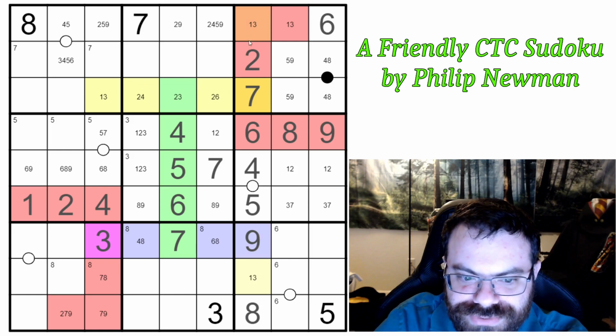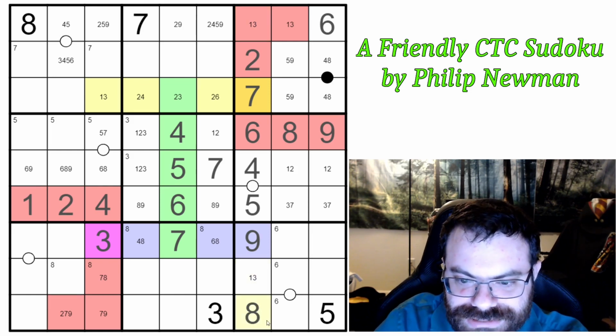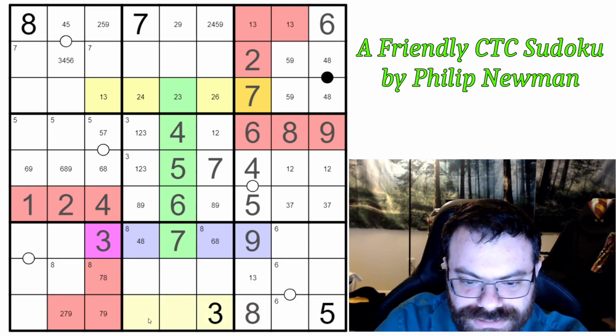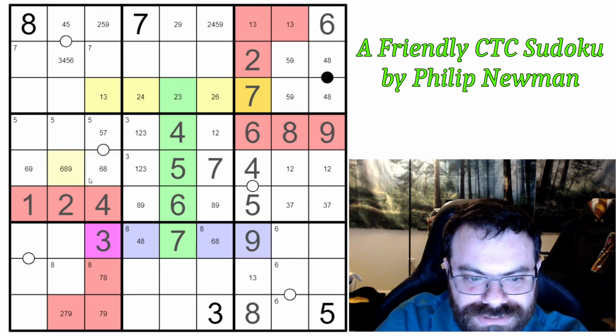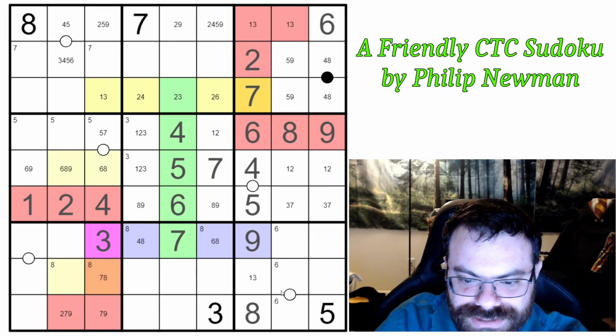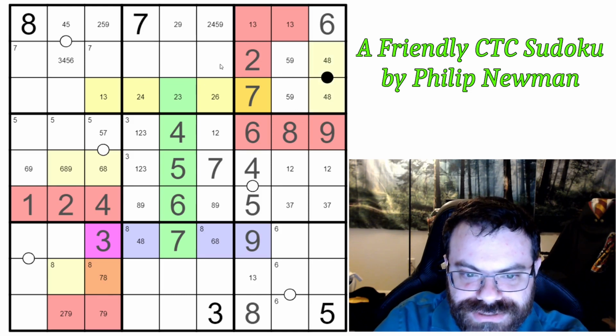It leaves a 1, 3, which doesn't look resolvable. What can we do with 8's though? Nothing. Obviously there's an 8 here or an 8 here, and there's an 8 here, or what about up here? 8 has to be here, actually, because 8's are locked to these.